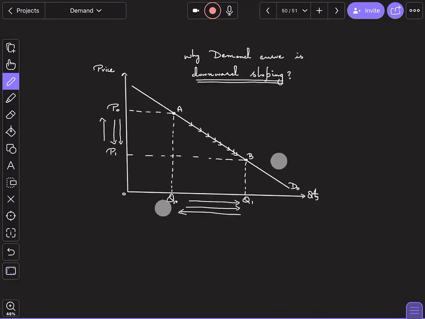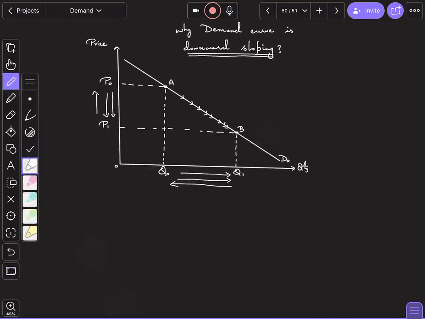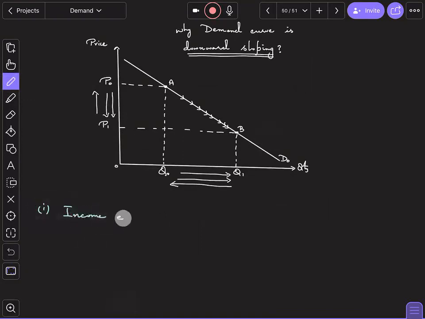The first one is the income effect. What is the income effect? If the price of the good falls, then what happens? Consumers will buy more of the good because their ability increases.